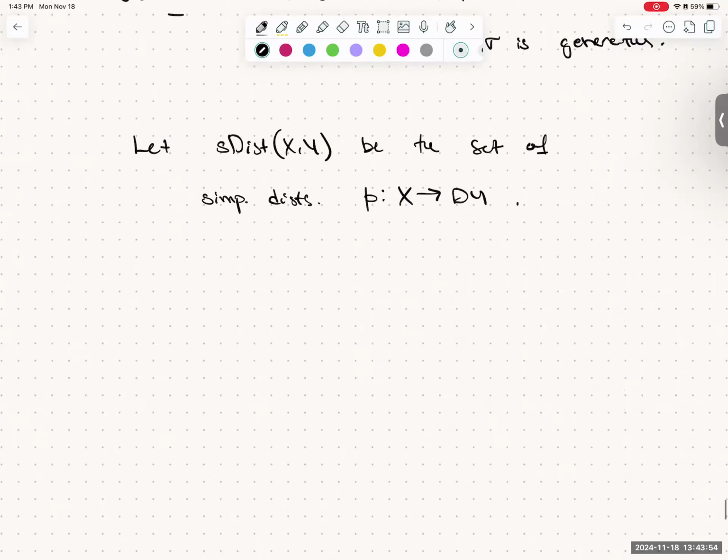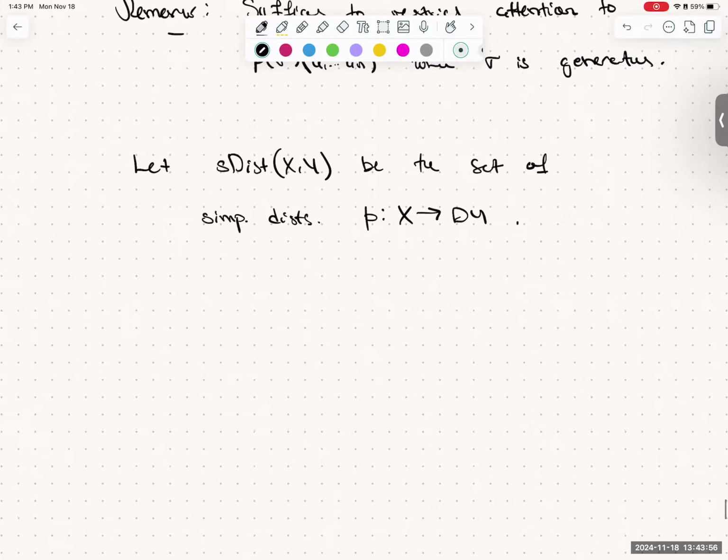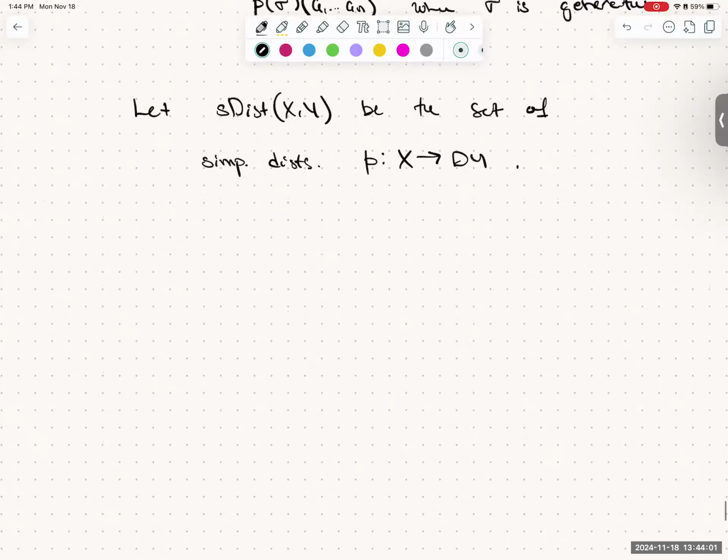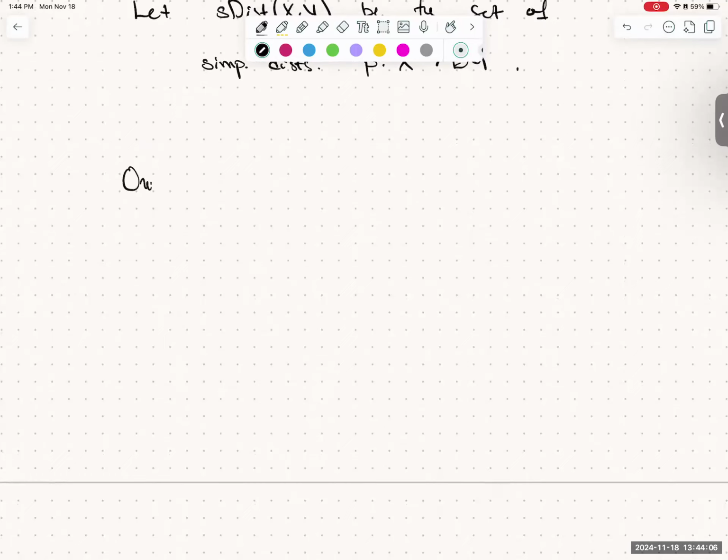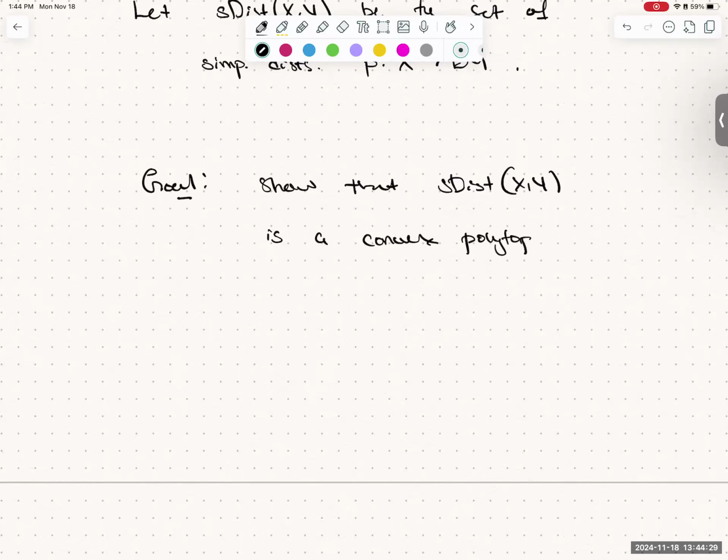I don't remember if you guys used this specific notation, but I will just use this one. sDist of XY is the set of all simplicial distributions from X to DY. And so our goal here is to show that sDist of XY is a convex polytope.